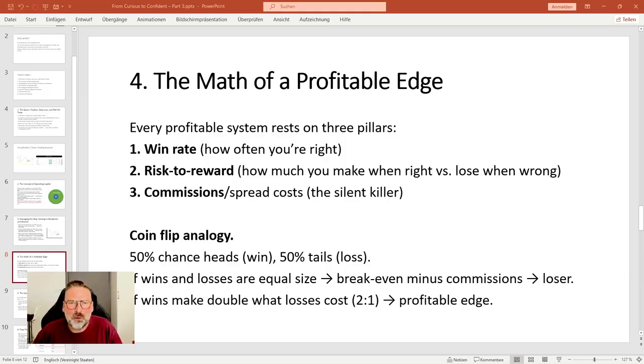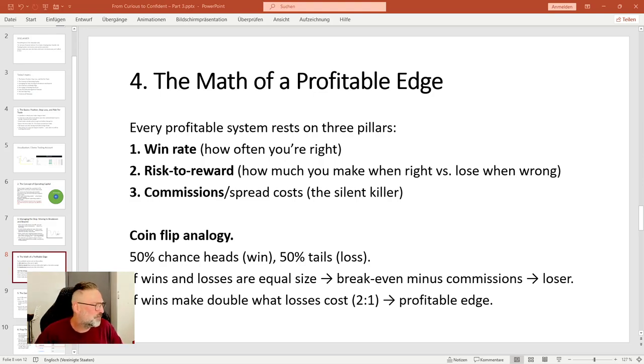Because we have now introduced a risk to reward ratio of 2-to-1 into our system. You make double on a winner than what you risk, right? When heads comes up, I give you 20, remember? If tails come up, you give me 10. Of course you would play that game.